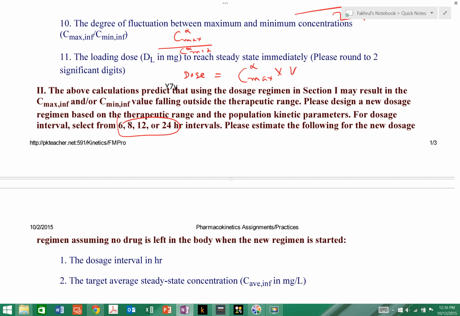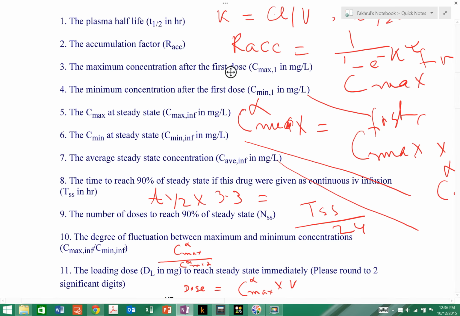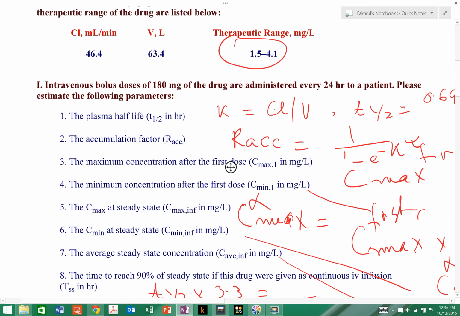So here, please design a new regimen based on the population kinetic parameters. All this calculation we have done, Cmax, Cmin, we have calculated based on the dose. But now with this dose of 180 milligram, we come to the conclusion that the dosing interval and dose were not enough for achieving this therapeutic concentration.